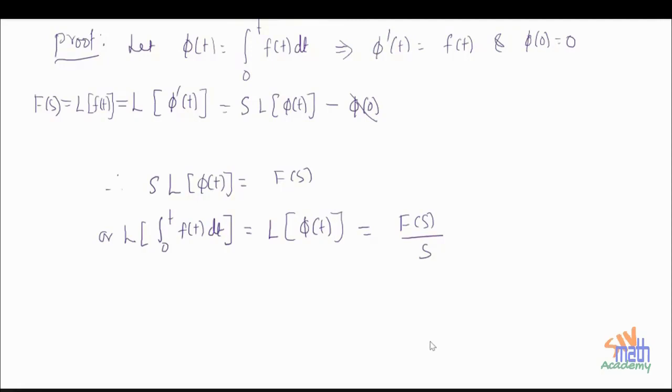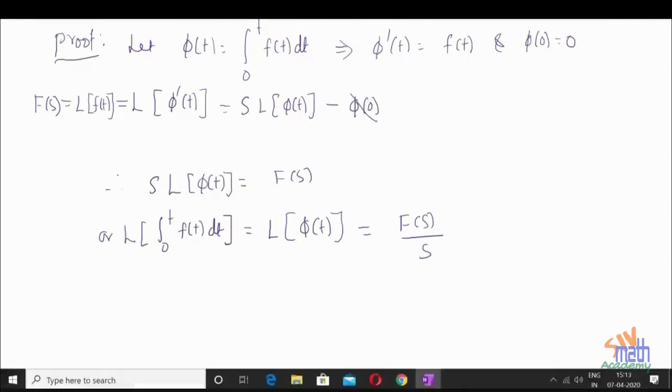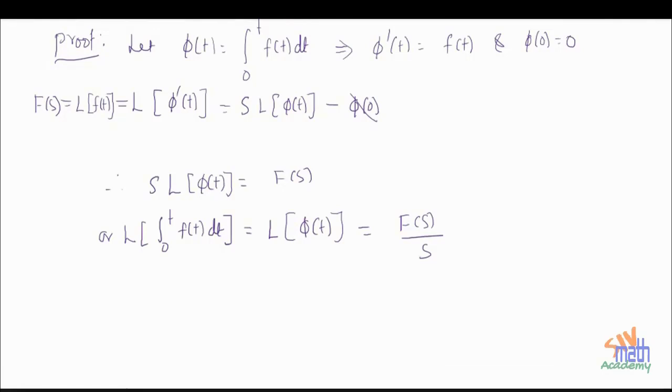So this we have. Then what if I am integrating twice, not once? That means what is L of the integral from 0 to t, integral from 0 to t of f of t dt, twice?